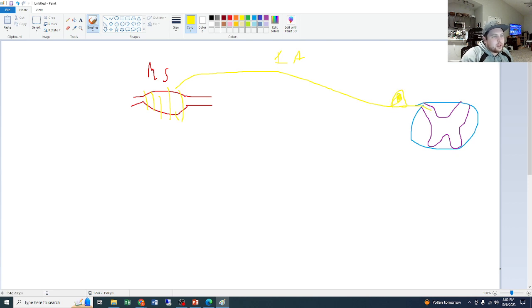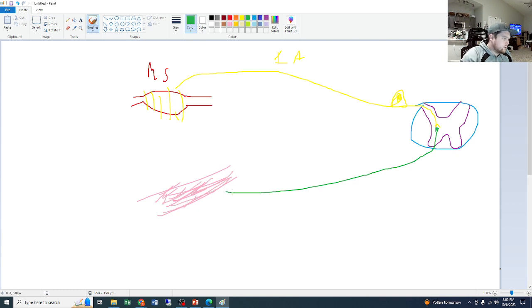Goes in through here. Then it's going to synapse onto our alpha motor neuron, which goes out through the front. And this goes to our muscle, telling it what to do.